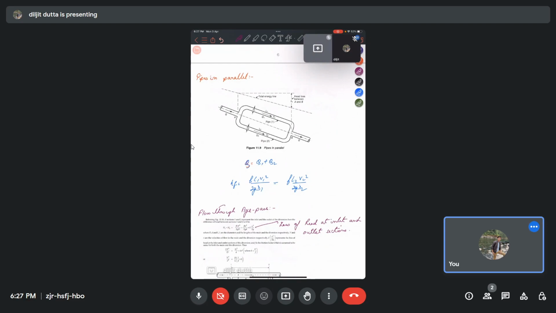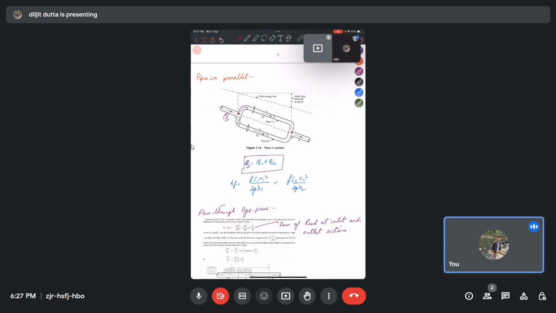In this case, what will be the same? The discharge cannot be the same, because whatever Q is coming is divided into two parts. So Q will be the sum of the discharges, Q1 plus Q2, but the head loss through each pipe will be the same, since the end point and the starting point are the same.